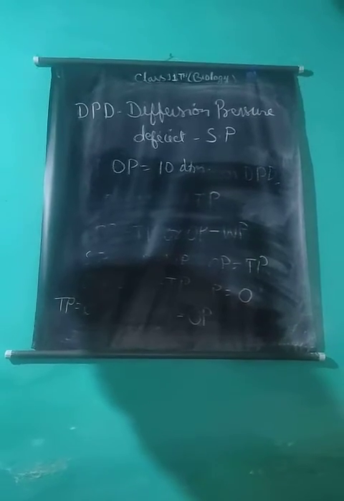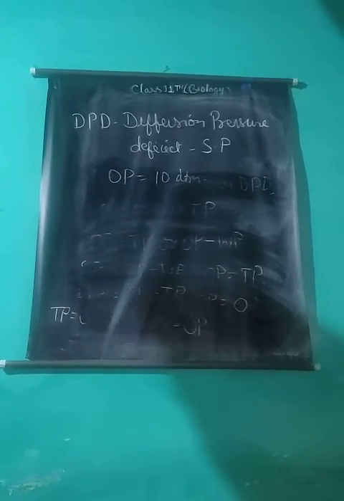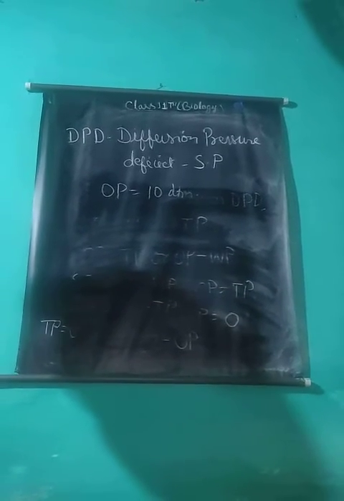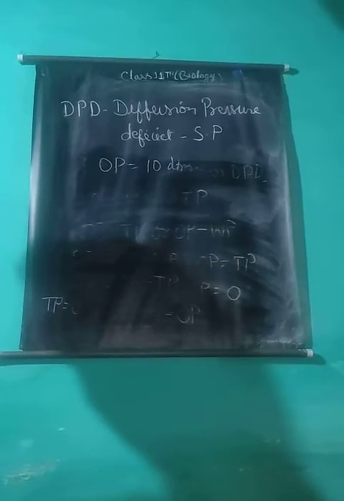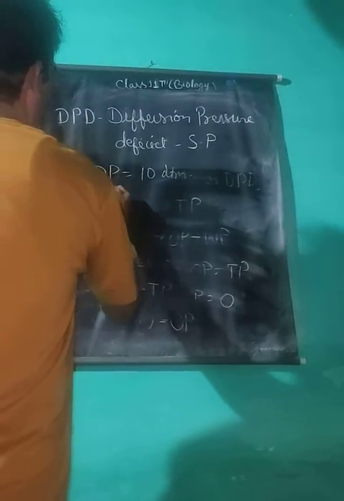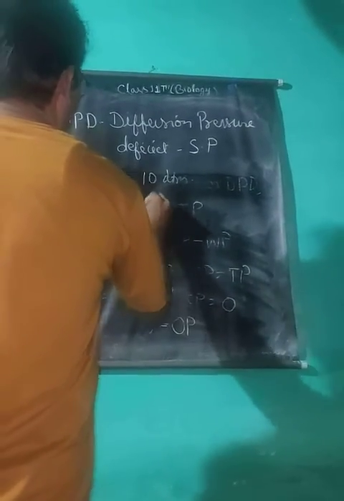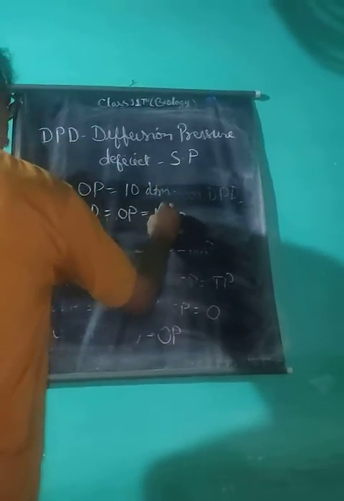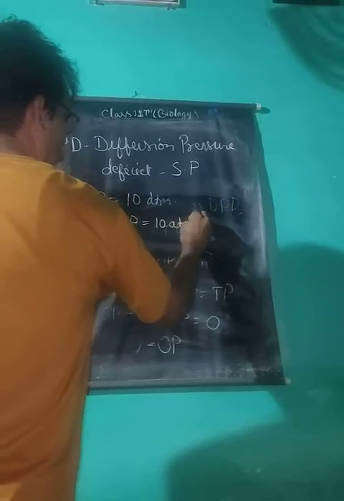Immersed into pure water, TP inside the cell will be 0 in initial conditions. That is, in such condition, DPD or suction pressure is equal to OP, which is 10 atmospheres.